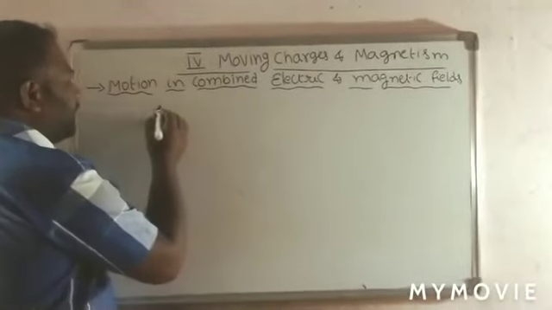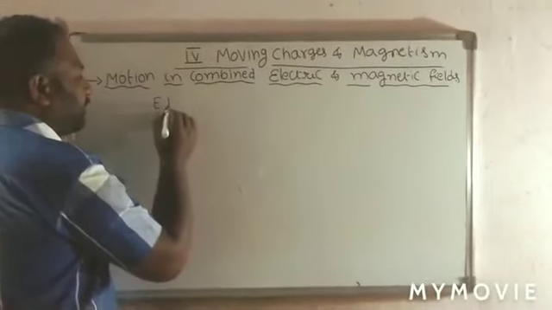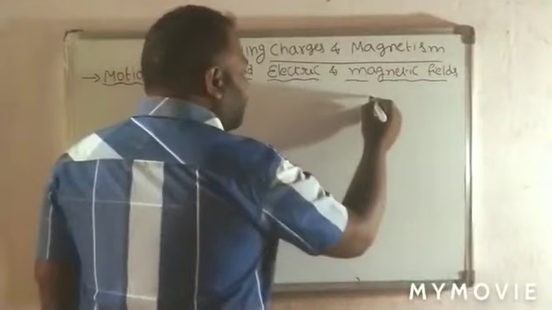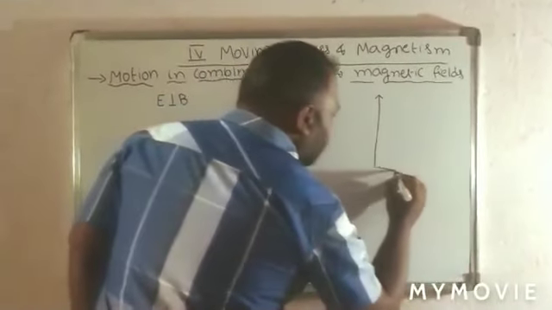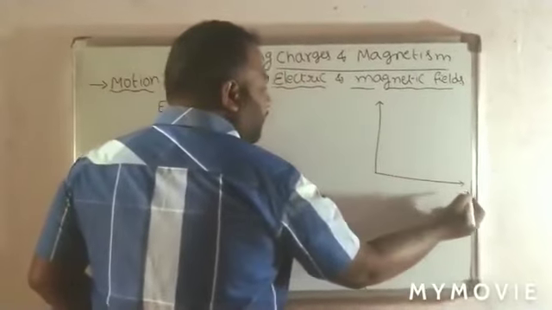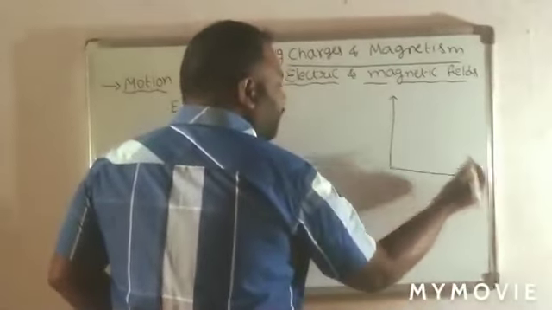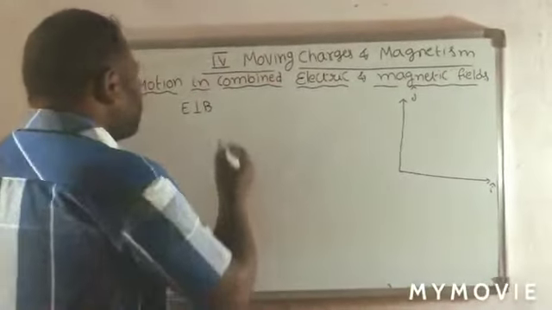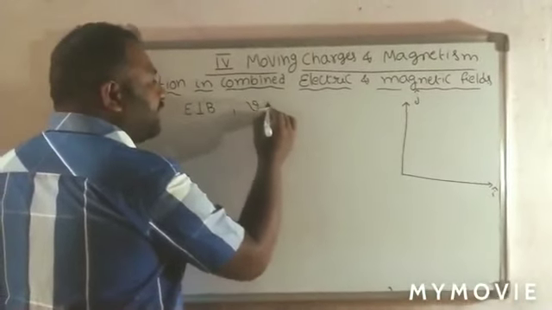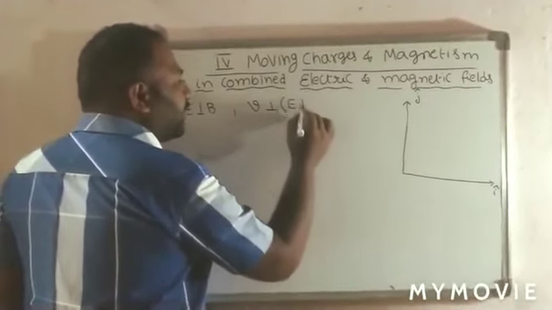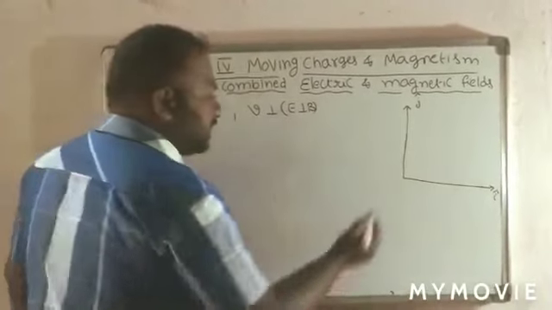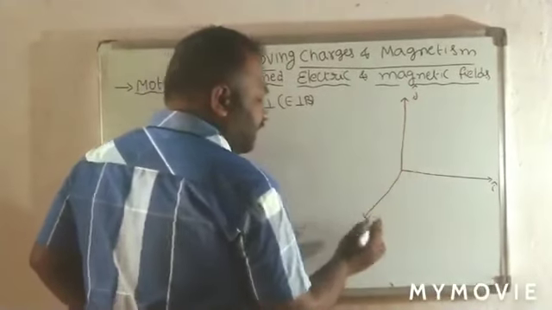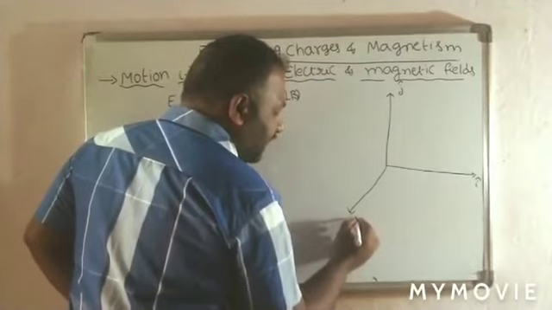Here, I am going to consider the electric field and magnetic field both perpendicular to each other. I consider the x and y axes. The x axis is represented with the unit vector i cap, the y axis with the unit vector j cap. Also assume the velocity is perpendicular to both the electric field and magnetic field, that is on the z axis, taken as k cap.